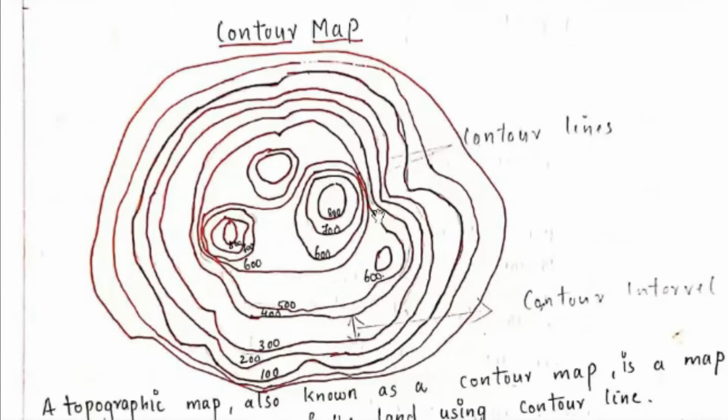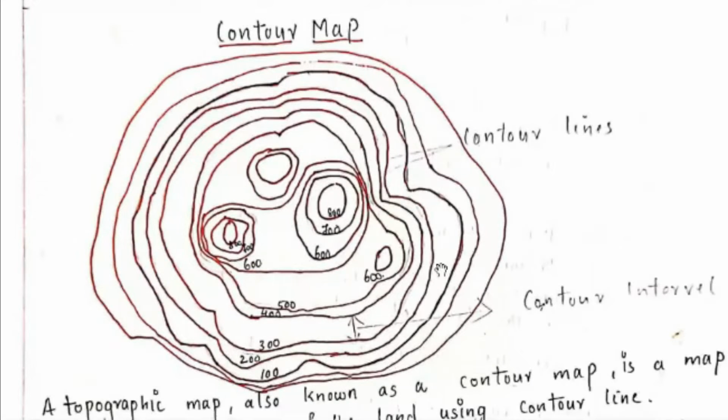So contour maps are maps prepared using contour lines, and contour lines are imaginary lines which join equal elevations. If you have a contour map of a particular area, by interpreting the data from that contour map, you can predict or visualize the relief and alignment of that area, and how the topographic relief in that area is.